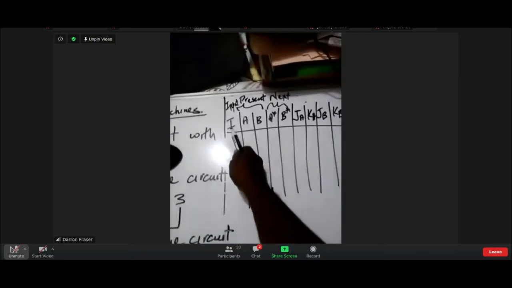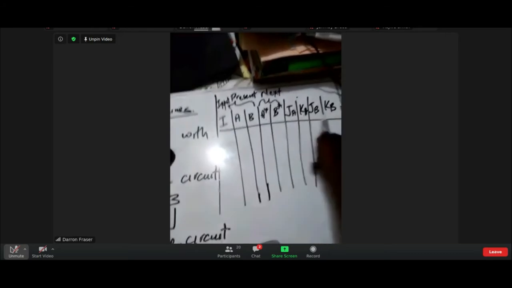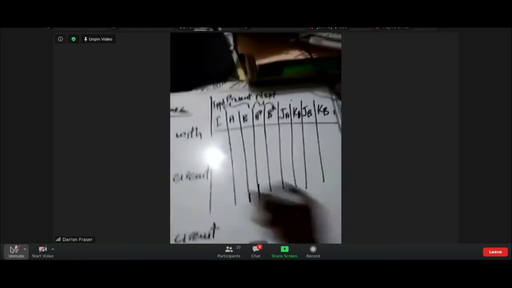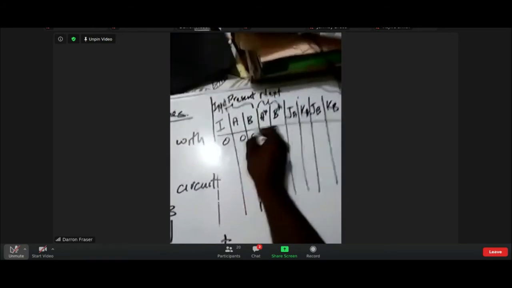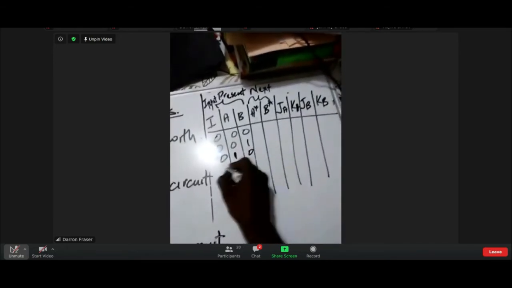So you have the input I, present value, next value, and the J and K values associated with it. I'm going to go ahead and fill in all the possible values in table style.